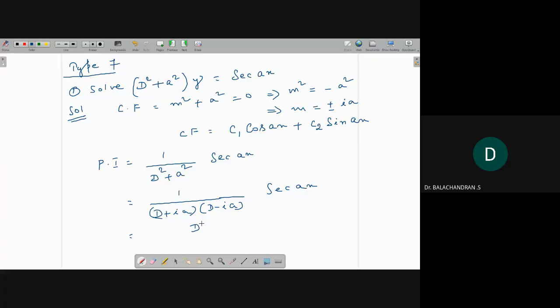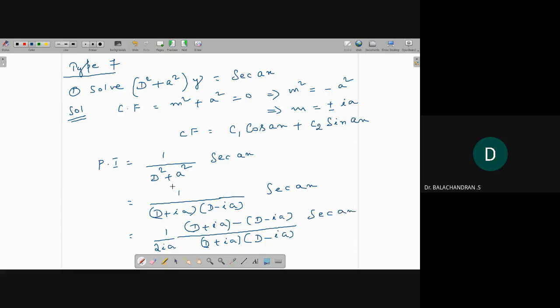Now I am going to write (D plus ia) minus (D minus ia). D gets cancelled, ia plus ia, so 2ia. That is why I am going to divide by 2ia, divided by (D plus ia) into (D minus ia), into secant ax. Otherwise you need to use partial fractions.